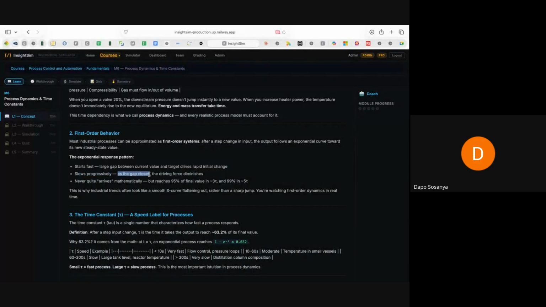As the gap closes, the driving force diminishes. And then it never quite arrives mathematically, but reaches 95% of the final value in approximately 3T and 99% in 5T. This is just a description of the exponential function.